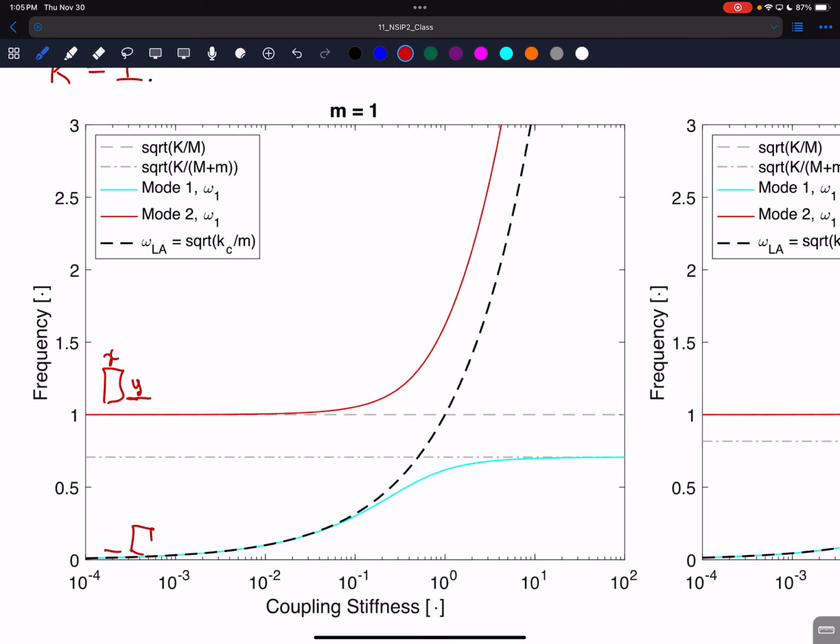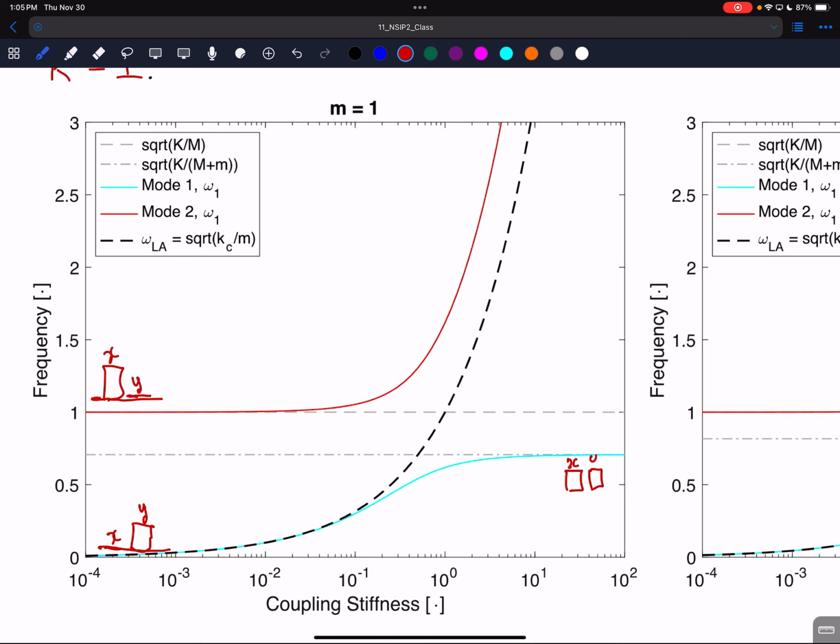We'll have a large amplitude in Y and a small amplitude in X in terms of their mode shapes. Way over here, what you'll find is they actually have an equivalent amplitude, because they're oscillating as a single body.